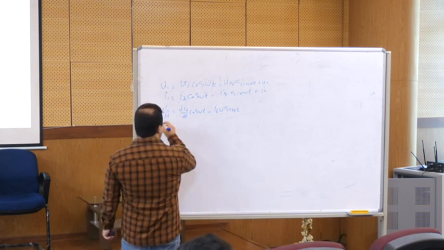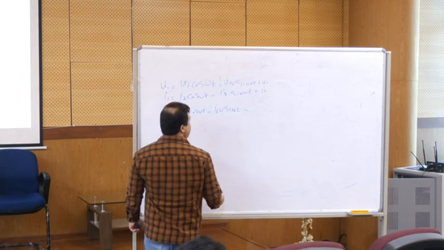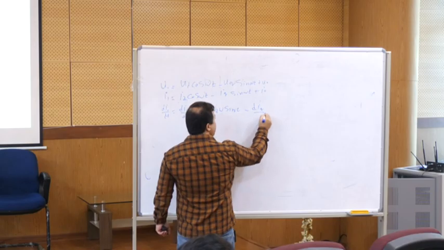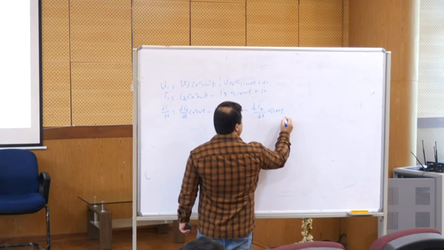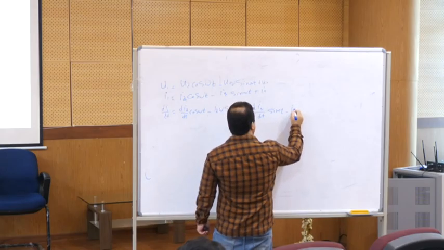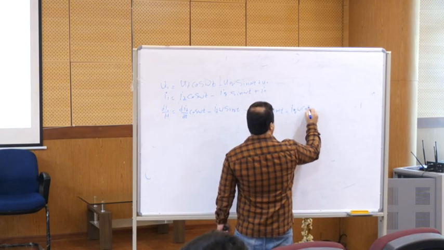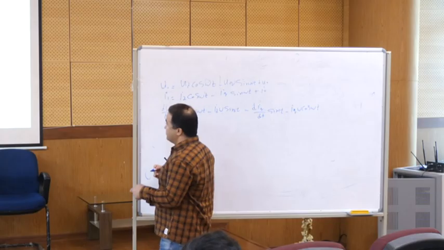And then we have another part, minus: diq/dt sine omega t minus iq omega cosine omega t. So this is this part.